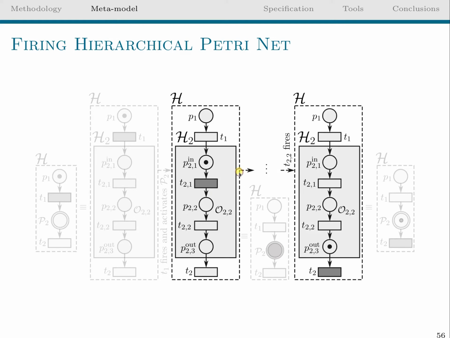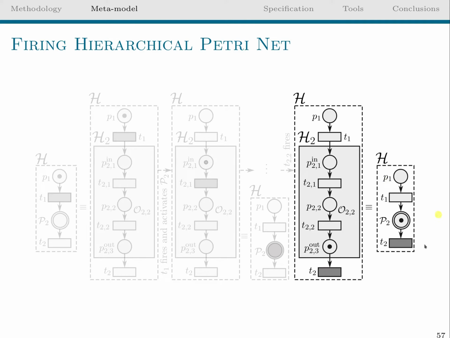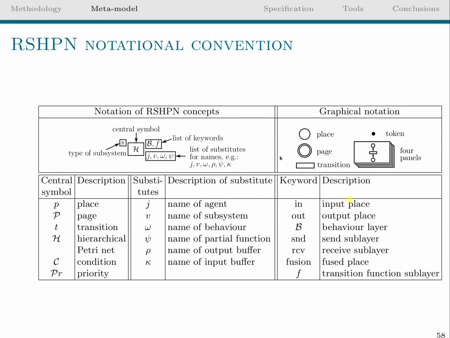And after a few steps, whenever transition T22 fires, it produces a token within its output place, and transition T2 is enabled, because from the perspective of the higher layered Petri net, the token appears within P2. This is the short introduction to the notational convention.